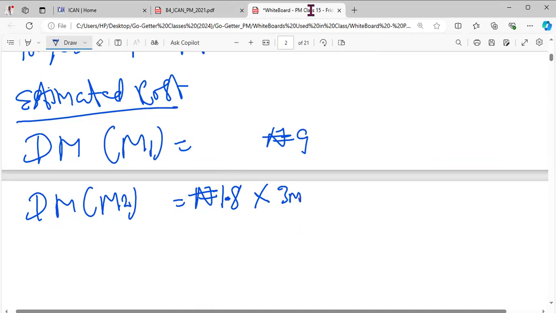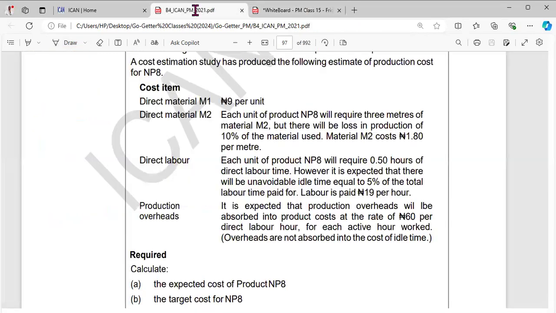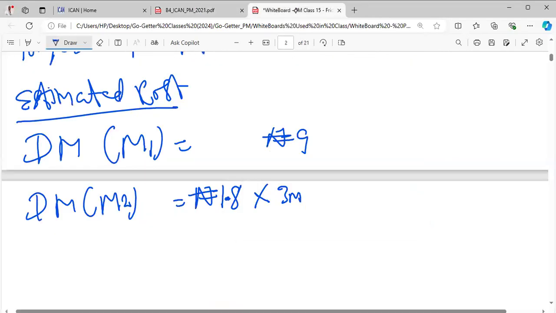And we are told that there will be a 10% loss. So how do you account for the loss? It means that you must also include that loss. If you buy exactly 3 meters and 10% now gets lost, you end up with 2.7. So you need to account for that 10% loss. So what you do is you multiply by 1.1.